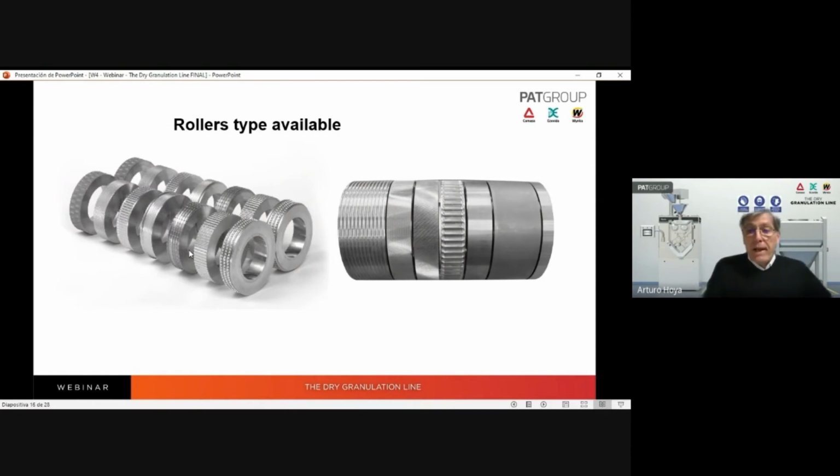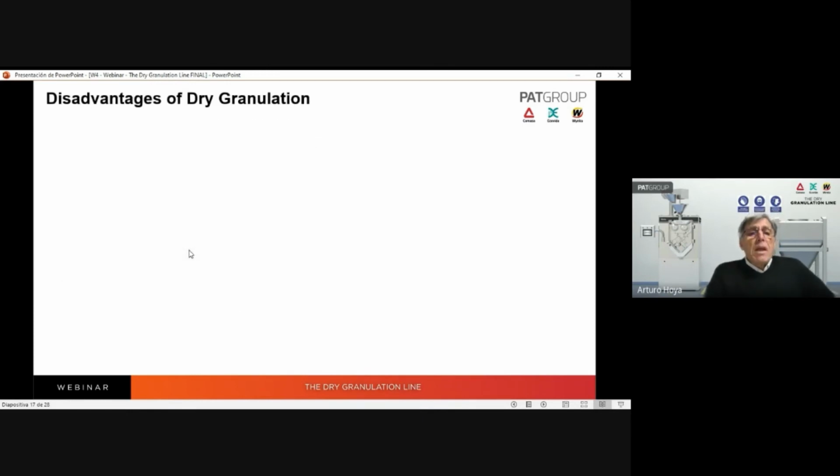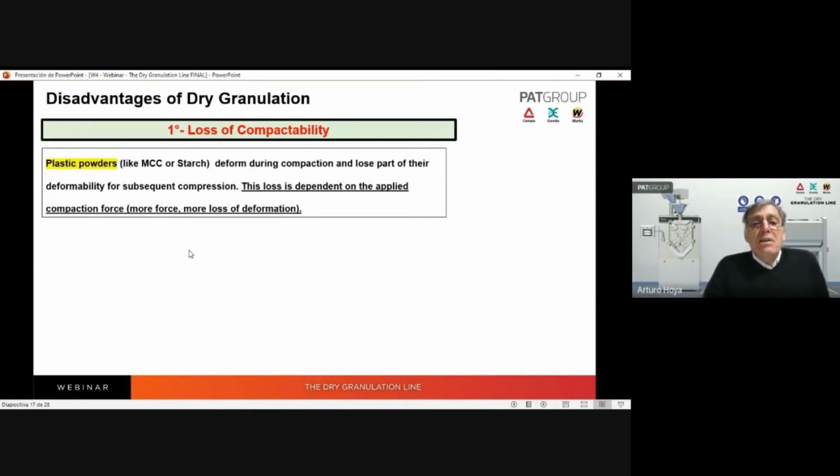and your operation. Well, but I have to say about the disadvantages of dry granulation, because not only is good in dry granulation. And let me show you this. First of all, dry granulation could affect the compactability. I told in the before slide. Loss of compactability. Why?